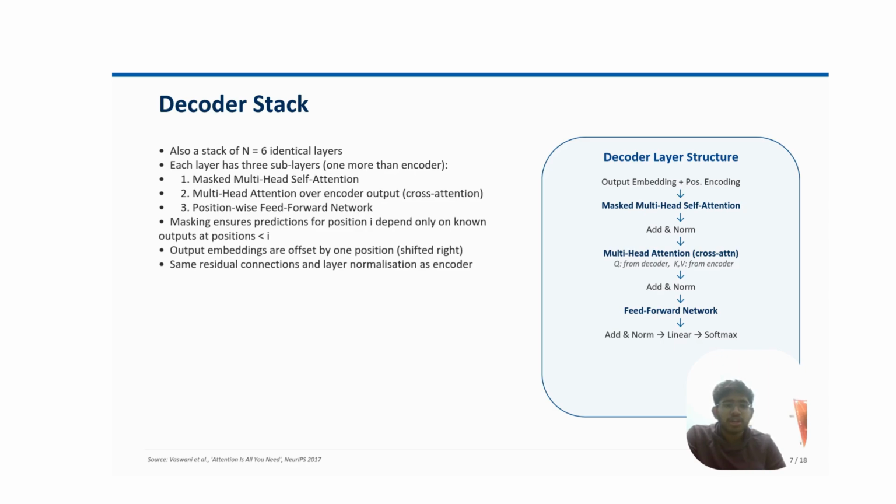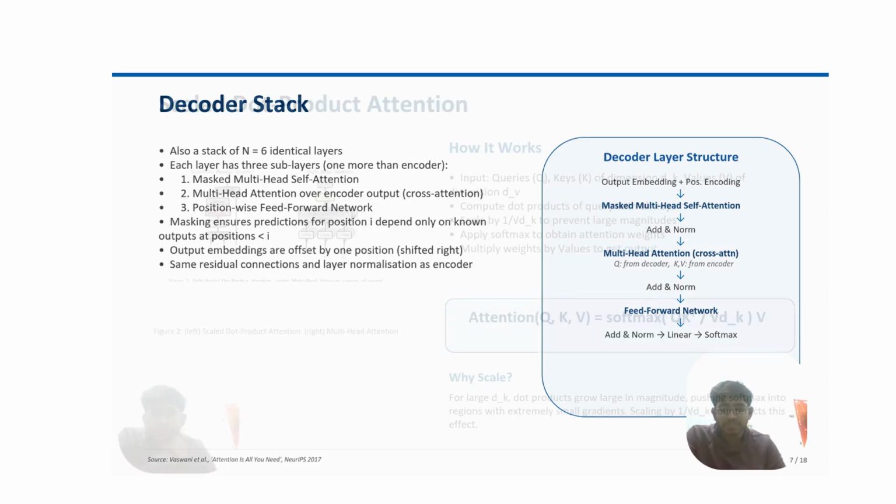The encoder-decoder attention allows the decoder to focus on relevant parts of the input sequence while generating each output token. This interaction between encoder and decoder is crucial for tasks like translation. Similar to the encoder, residual connections and layer normalization are applied to improve training stability.